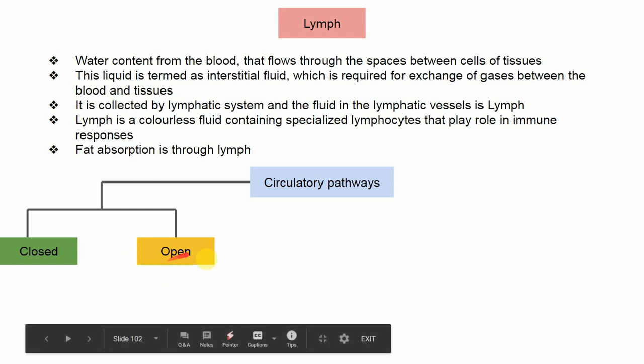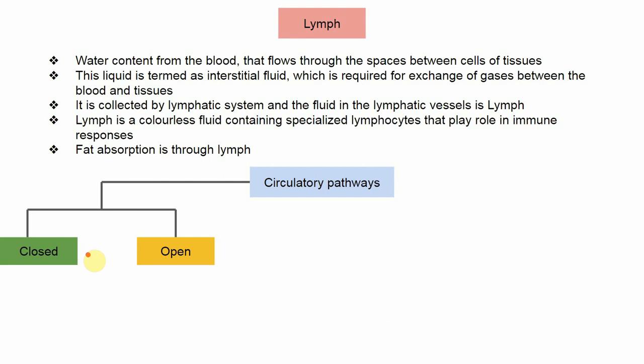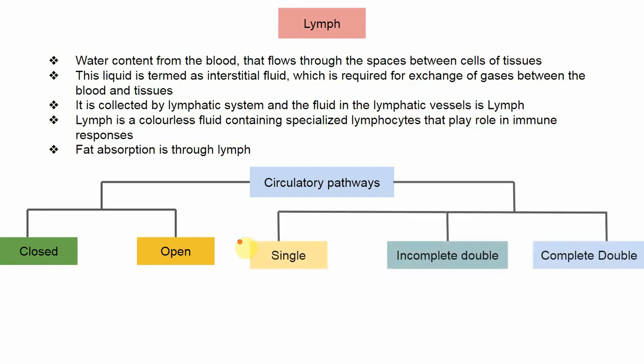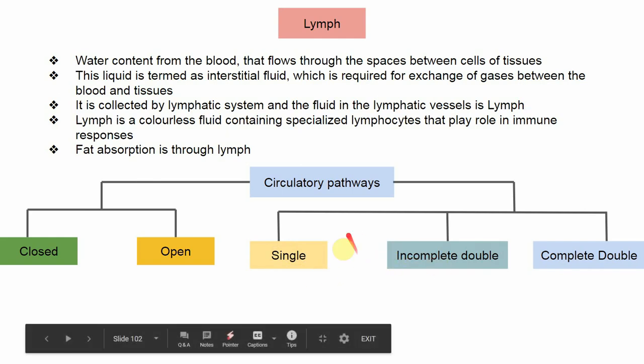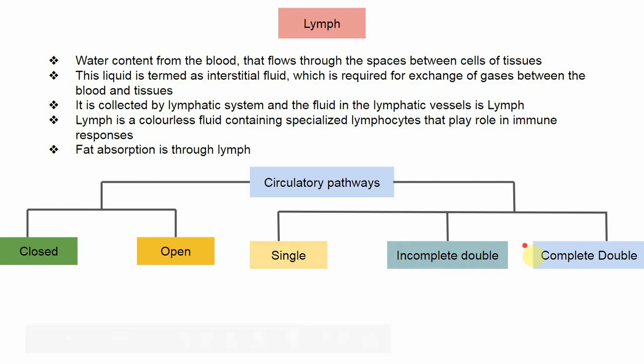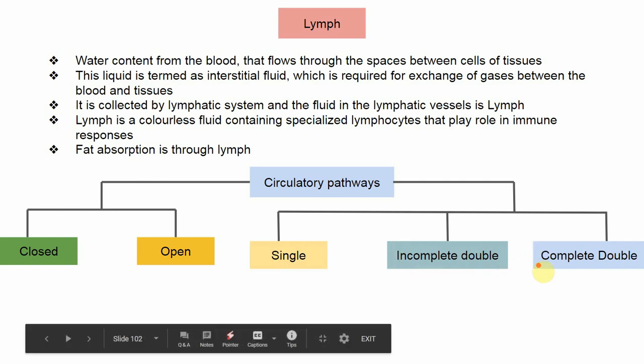You see this kind of open circulatory system in the case of arthropods, whereas the closed circulatory system you find in the case of vertebrates, or one more example we have is the annelids, right? So the circulatory pathways are again of three types. The first one we find is the single circulatory pathway, then the incomplete double circulatory pathway, and finally we have the complete double circulatory pathway.